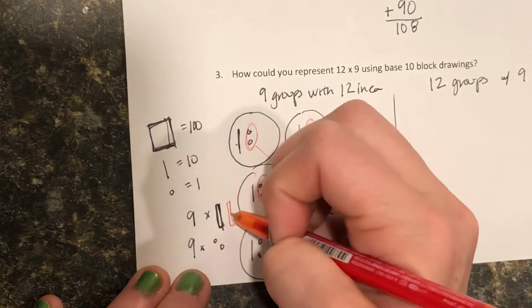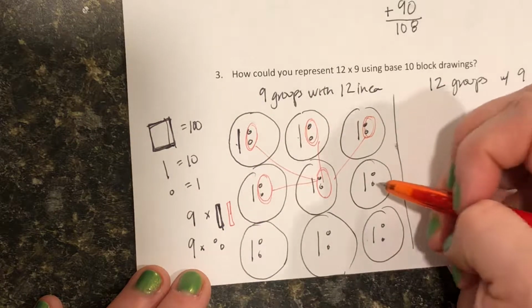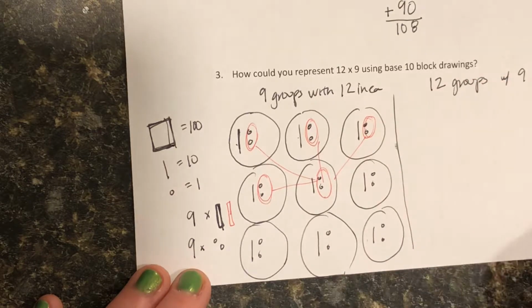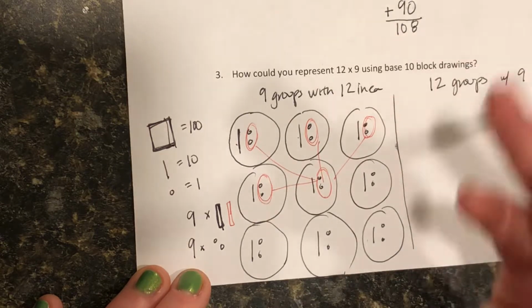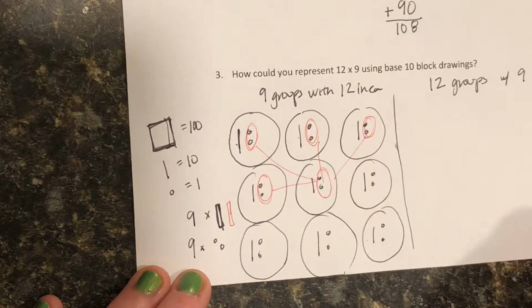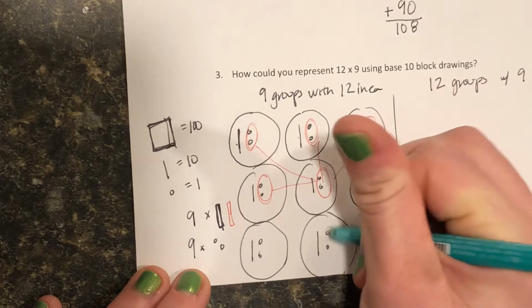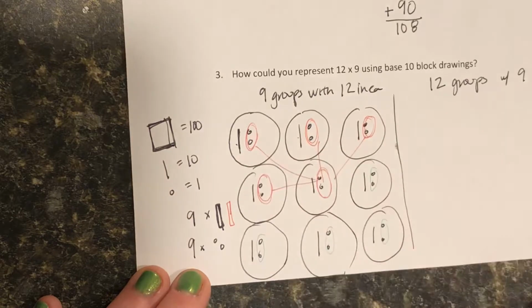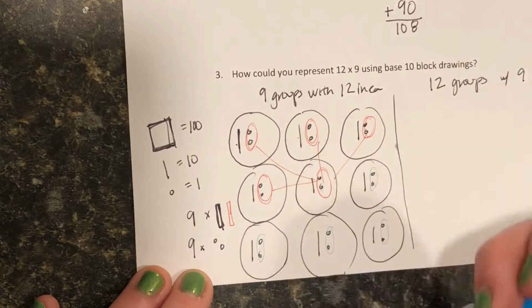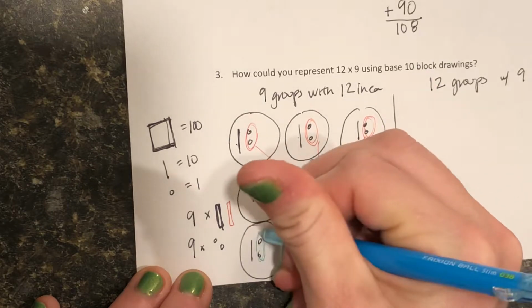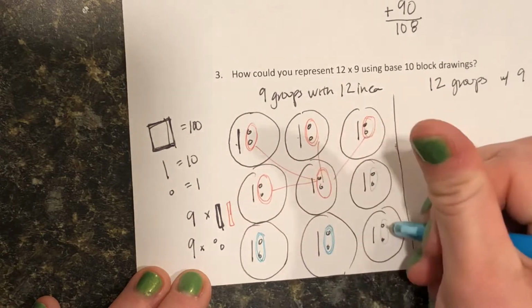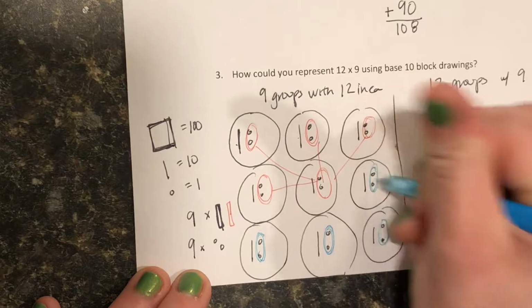So I have 9 tens, now I just got a 10th 10. And then how many ones do I still have? These are the ones that are going to actually end up in my ones place. So I have 2, 4, 6, 8. It's kind of hard to see. Let me try a different color blue. 2, 4, 6, 8.